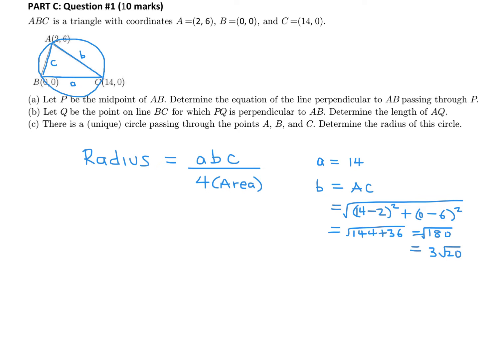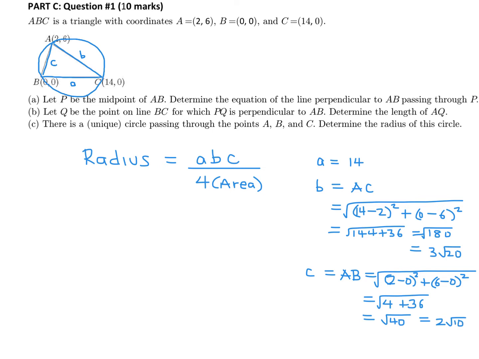And then C is the line segment AB, and again with the same sort of formula, 2 minus 0 squared plus 6 minus 0 squared under the square root sign, which is 4 plus 36, which is root 40, and that is 2 root 10.